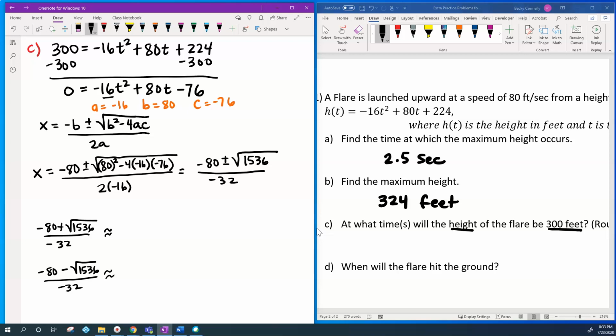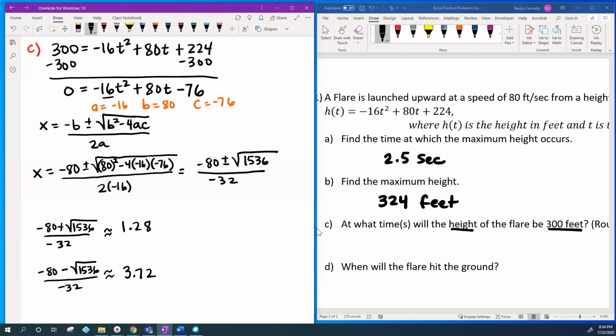So what did you guys come up with for your answers, rounded to the nearest hundredth? Athena came up with 3.72, and this one is 1.28.